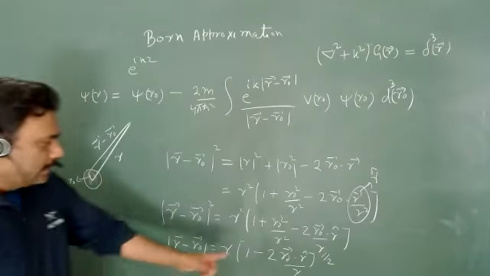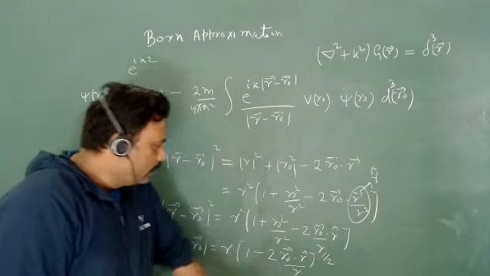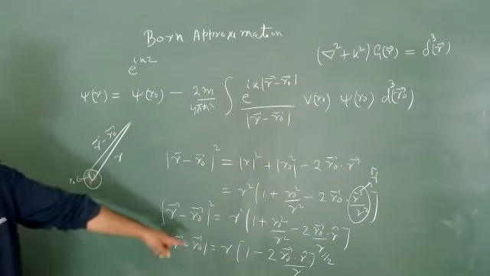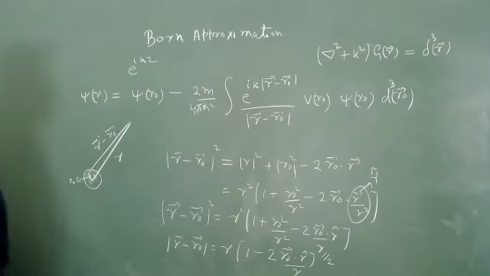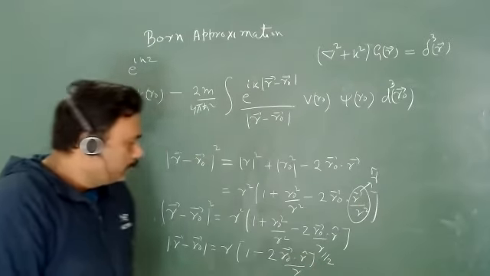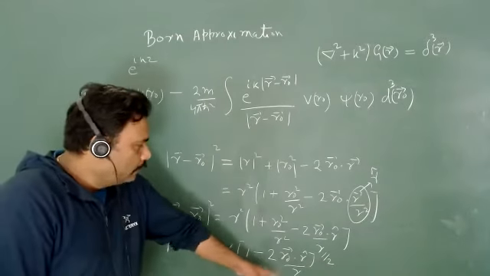Is that correct? One minus 2 r naught dot r cap by r. So this is my whole approximation. So this will be r, and again we can do the half, binomial expansion. Yes, we can do binomial expansion.